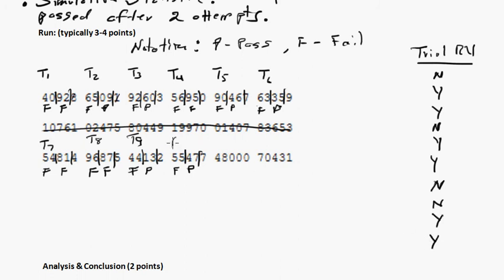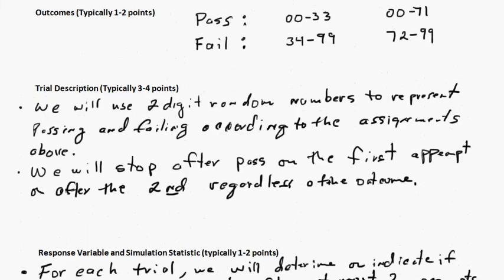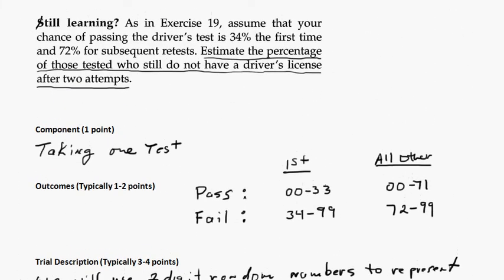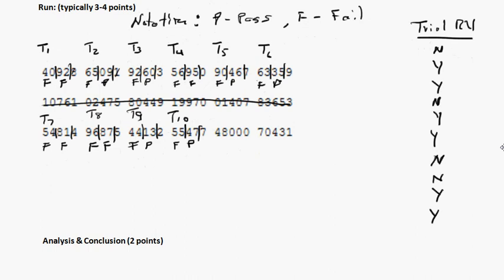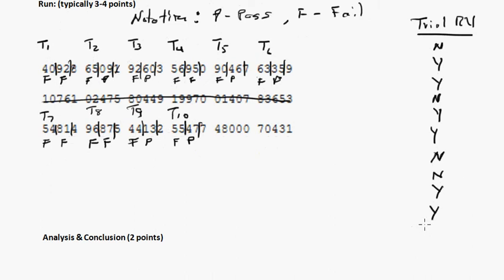Okay, so this is T10. So I'm doing 10 trials. I don't know, did they tell us how many to do? They didn't tell us. So I'm going to do 10. Okay, so there's nothing to really total up here. So the proportion of not passing.